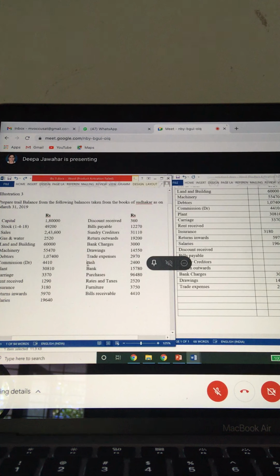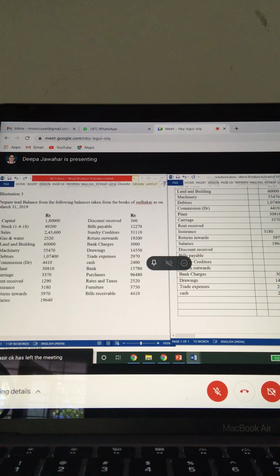Next is cash. Cash balance ആണ് പറയുന്നത്. Cash balance. Debit. Since cash is an asset, it's a real account. Debit. Cash, debit. Debit balance ആണ് cash.